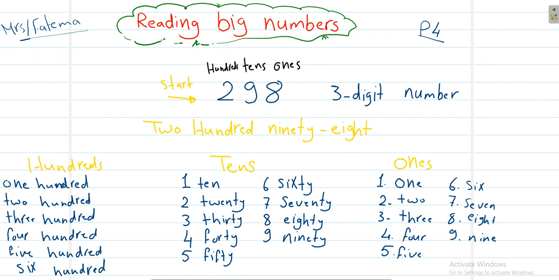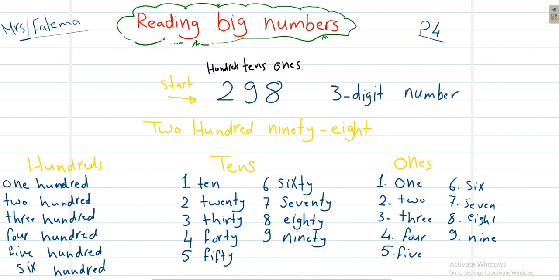Each one of them will be written with the word hundred. So now from this table, if you see any digit, you can read it easily. Or you can turn the words into digits. Let's have some examples to practice it more and to know how to read it.